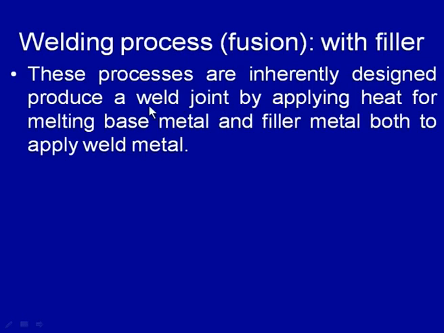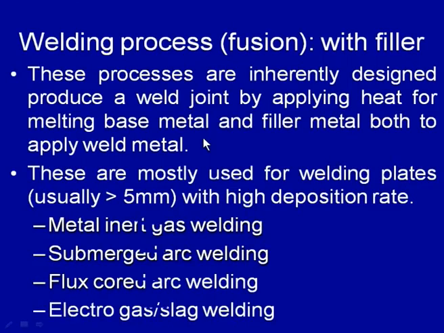So, these processes like shielded metal arc welding, metal inert gas welding, or submerged arc welding, the nature of the process itself is such that the arc is developed between the electrode and the base material, and the arc helps to melt the base material and the filler material both simultaneously, and helps to deposit the filler material into the groove between the base materials, to get the metallic continuity and to produce the weld joint.